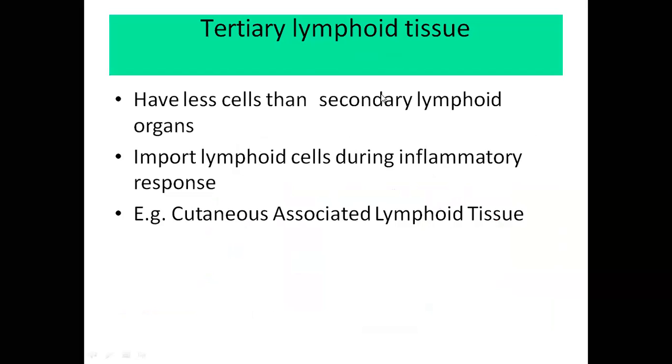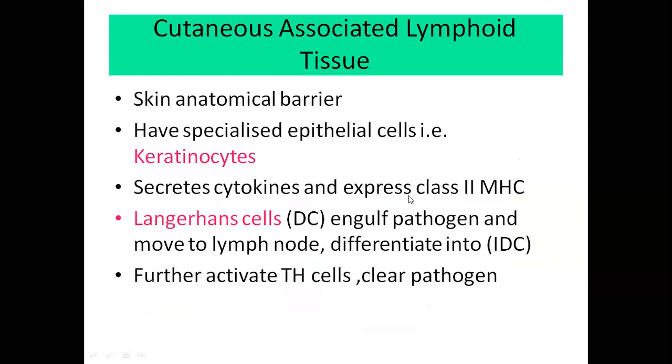Okay, in tertiary lymphoid tissue, the example is cutaneous associated lymphoid tissue, where we see the inflammatory response. The skin is the anatomical barrier, and there are some epithelial cells known as keratinocytes. These keratinocytes secrete some chemicals, which are cytokines, and those cytokines help in expressing class 2 MHC, and it does the further processes of destroying the pathogens.